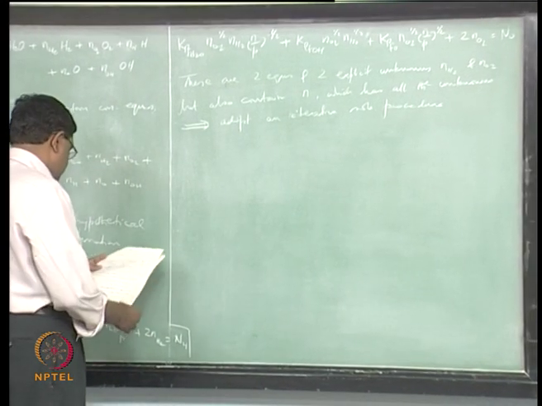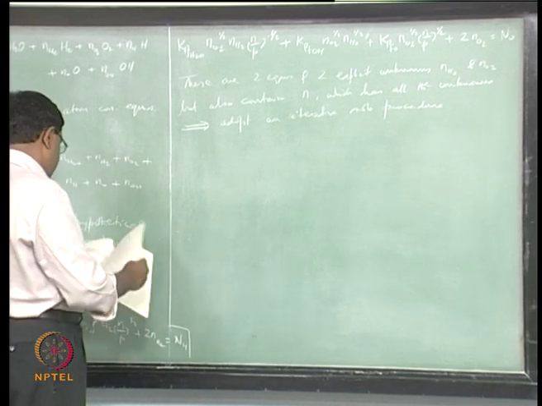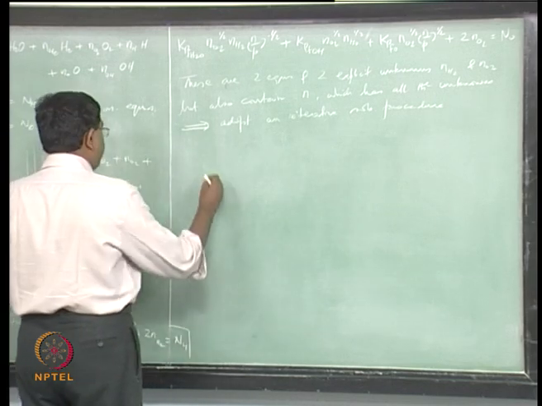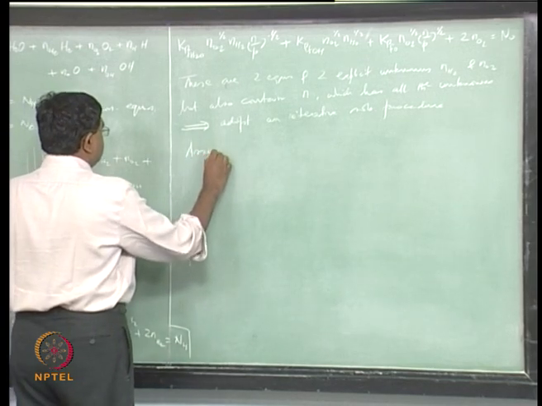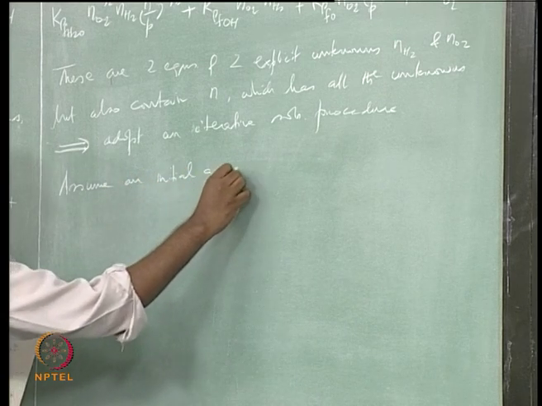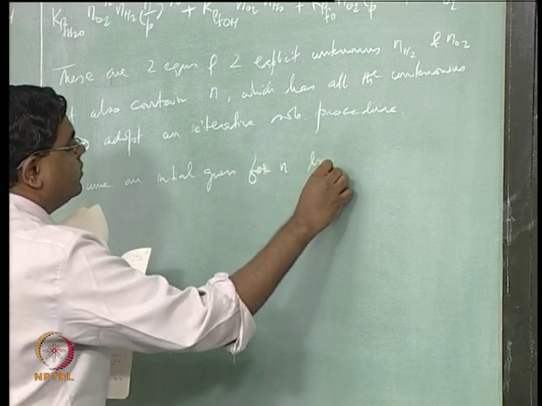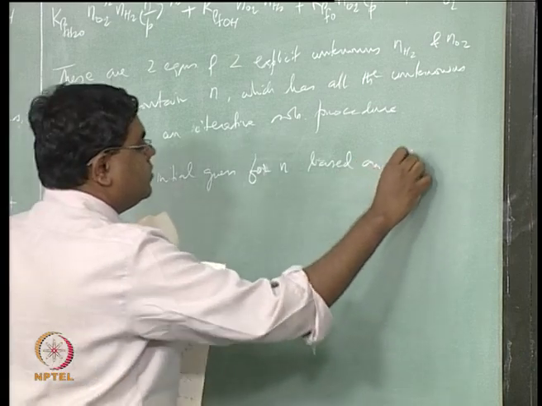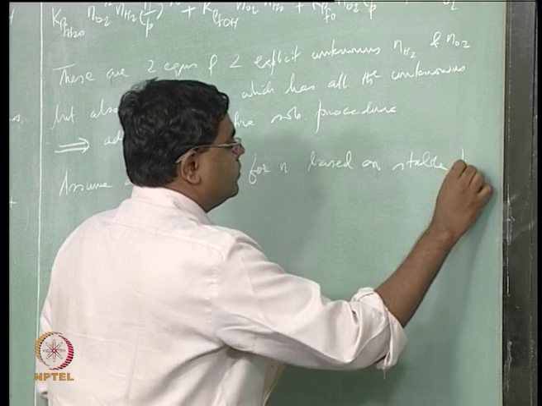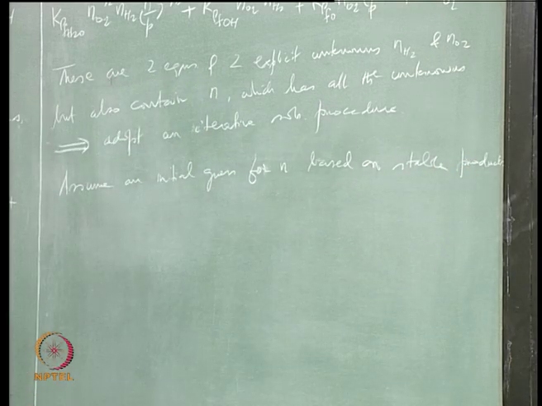So the first thing you have to do is make an initial guess for N, assuming an initial guess for N based on stable products, okay.